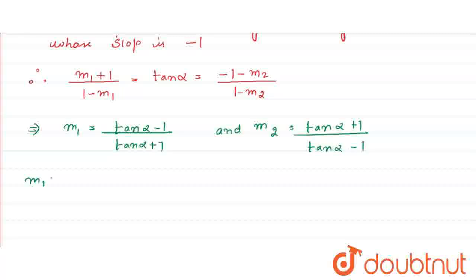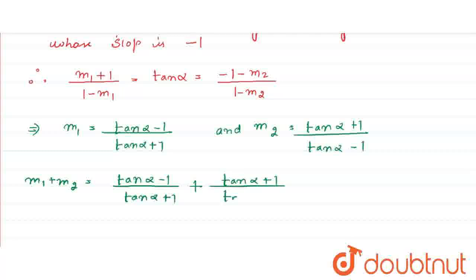If I add these two slopes, then what will I get? By adding these two slopes, what I get is (tan alpha minus 1)/(tan alpha plus 1) plus (tan alpha plus 1)/(tan alpha minus 1).